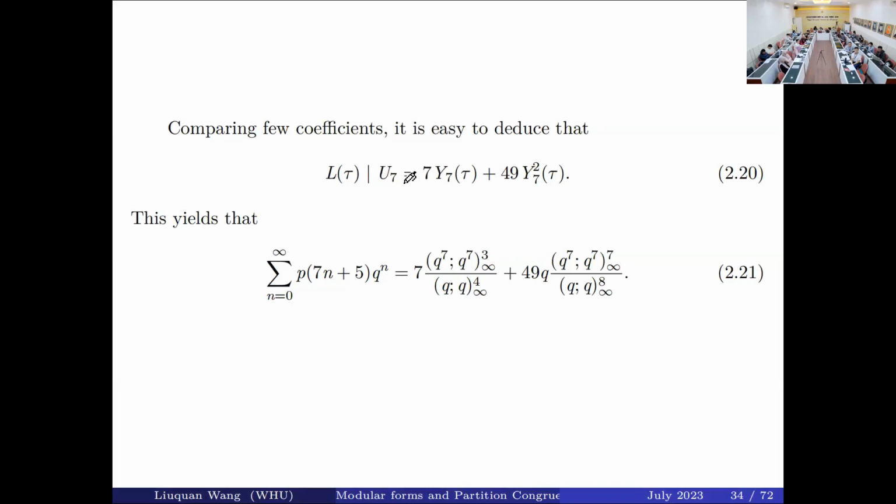So comparing just a few coefficients, we deduce that this function actually equals 7 times y7 plus 14 times the second identity of Ramanujan. Okay, this is the modular proof for these two identities.